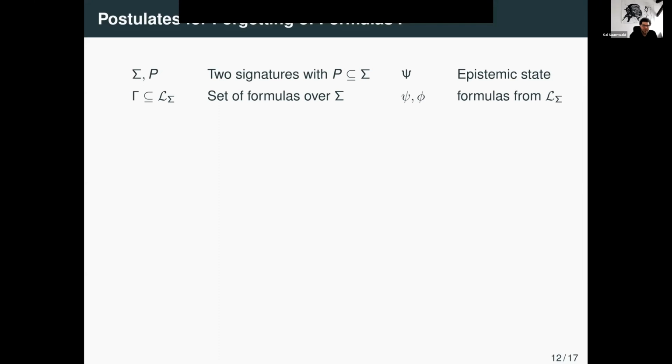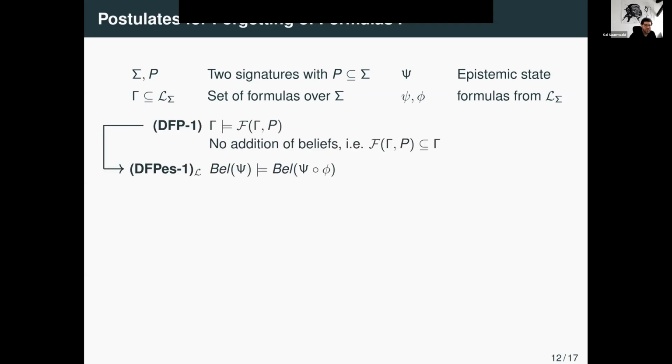So postulates. Here again a little symbol table, maybe you forgot what all these symbols mean. I will now go step by step through the postulates and explain how we translated them. So at first, here above is the postulate by Delgrande, and here is our translation.